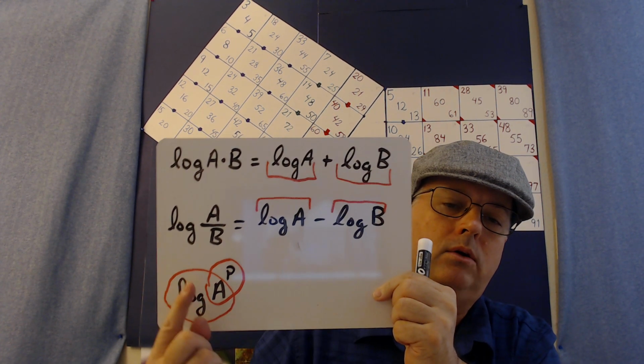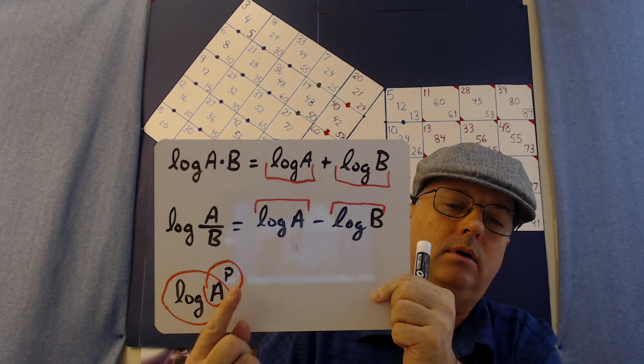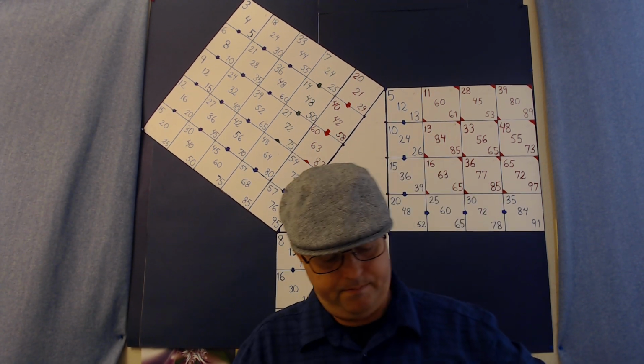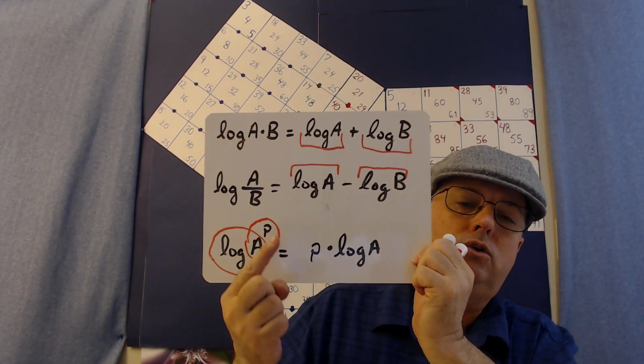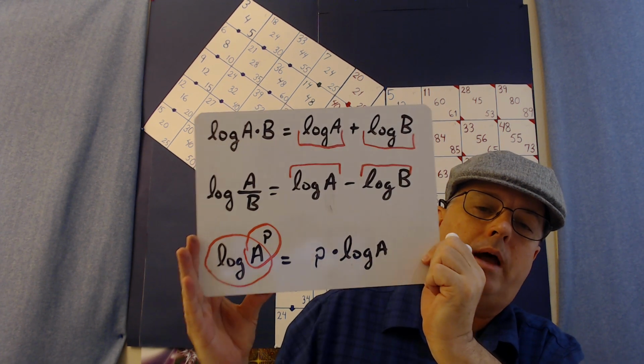So this is a power to a power. And what do we do when we have a power to a power? We multiply the powers. So we would say the log of A, that's one of our powers, and we would multiply it times the other power, P. P is the power, and the log of A is the other power.